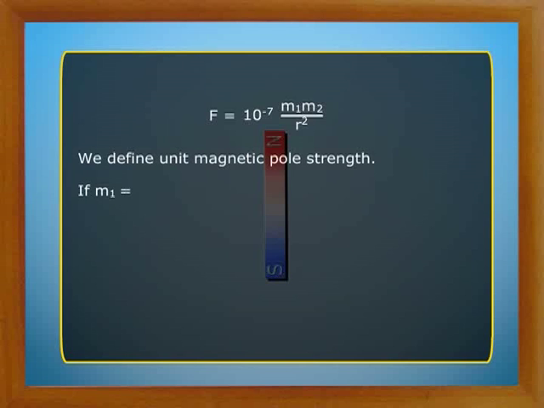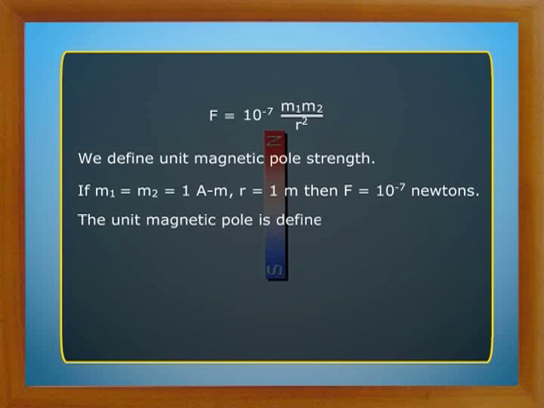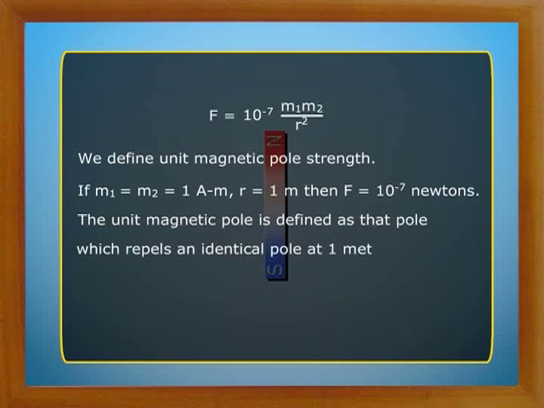If m1 is equal to m2 is equal to 1 Am, r is equal to 1 meter, then F is equal to 10 to the power minus 7 newtons. The unit magnetic pole is defined as that pole which repels an identical pole at 1 meter distance with a force of 10 to the power minus 7 newtons.